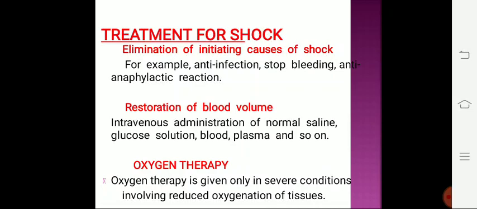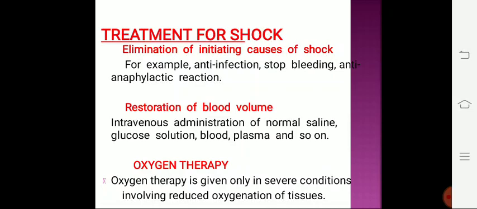So, elimination of the initiating causes of the shock, for example, anti-infection, stopping bleeding, anti-anaphylactic reaction. Then, restoration of the blood volume. It is done by intravenous administration of normal saline, glucose solution, blood, plasma, and so on.